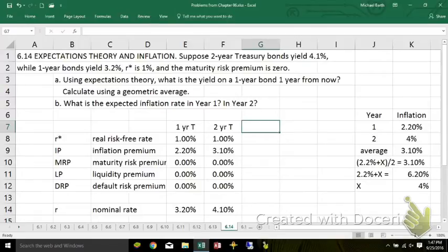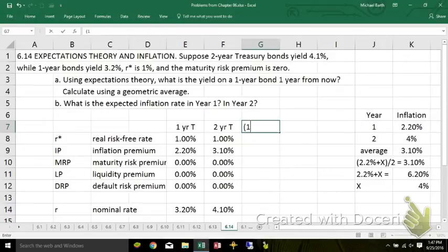You can invest today and earn 3.2%, and then you take your total return, invest again, and you'll have the same as if you had invested for 2 years today and earned an average of 4.1% for the 2 years.